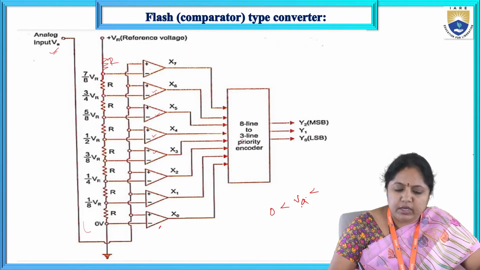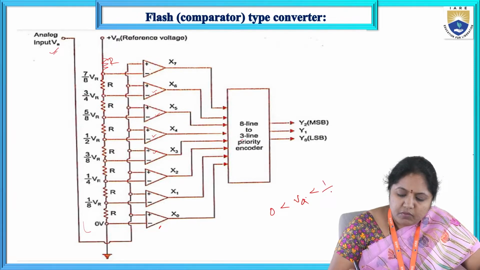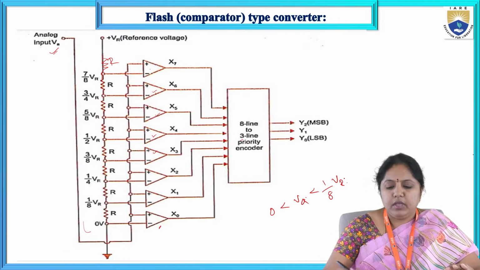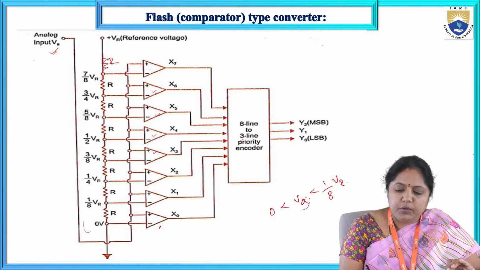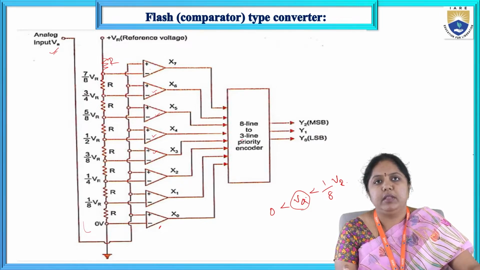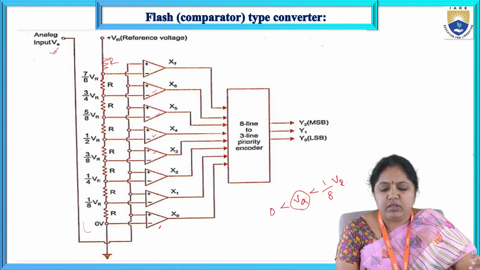Consider that the analog input voltage is in between 0 to 1 by 8 into VR. So if some analog input voltage I have given, the corresponding amplitude value is in between 0 to VR by 8.